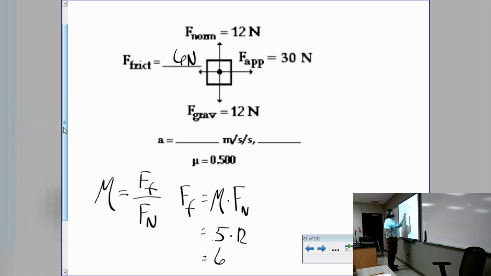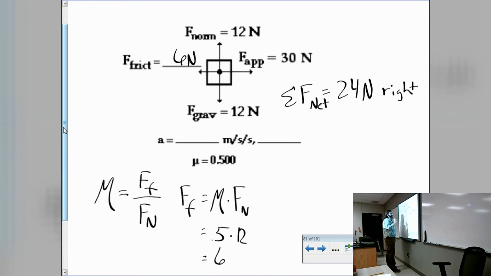It's the sum of the forces. Again, the vertical forces cancel each other out, but I have an applied force of 30 newtons to the right and 6 newtons of friction to the left. So my net force, my sum of my forces, I really should just say, is going to equal 24 newtons to the right.